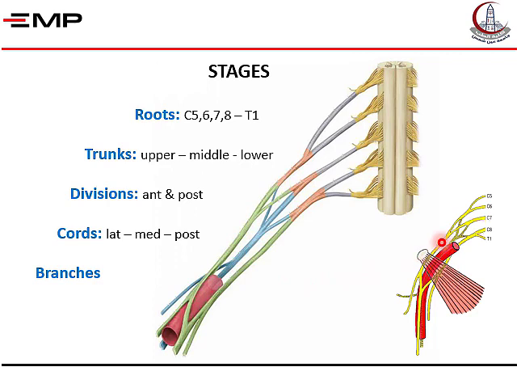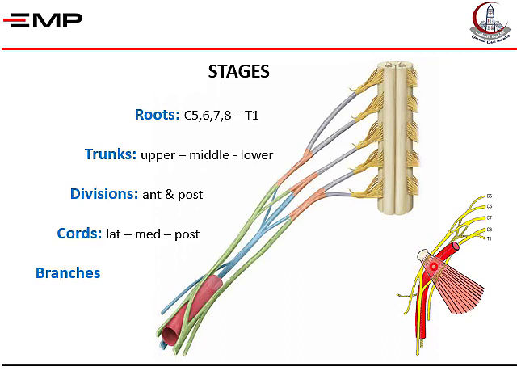That's because of their relation to the second part of axillary artery. The pectoralis minor muscle divides the axillary artery into 3 divisions. First part before it, second part deep to it, third part lateral to it.